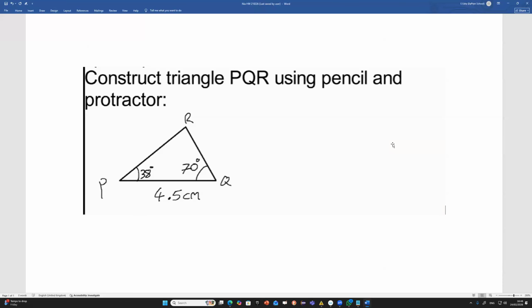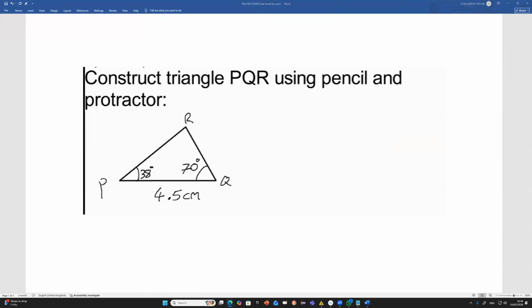If I measure this missing angle, it should be somewhere in that ballpark. I can see 70, and yeah, it's about 72. So that's how we would do an ASA. Is that okay? Brilliant, it should be around 72. That's great.